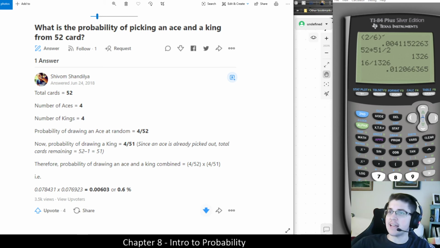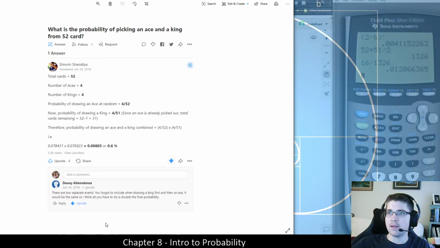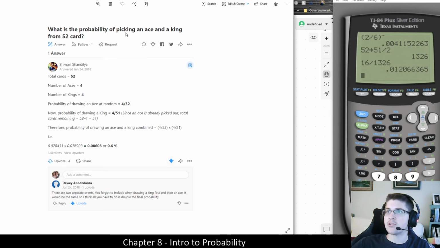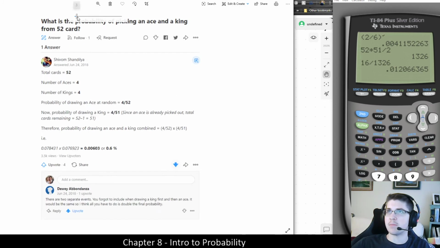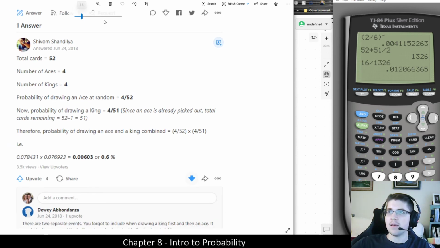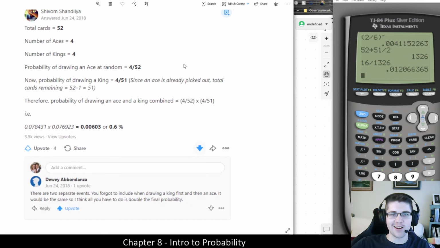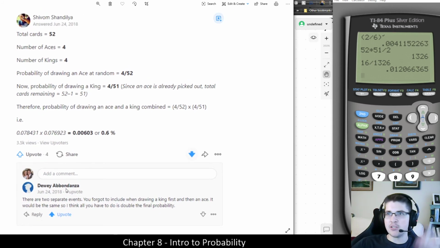And notice that the next person corrects them. Someone commented and corrected them, which let me go ahead and make that bigger so you can probably read it. And they did not get any upvotes, of course, which shows you the power of wrongness on the internet. But Dewey said, there are 2 separate events you forgot to include: first drawing a king and second drawing an ace.